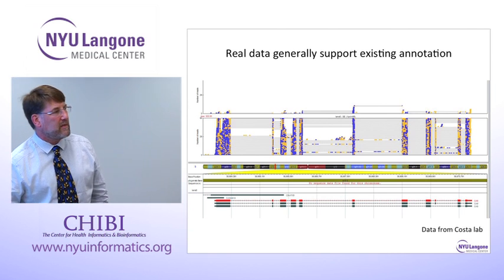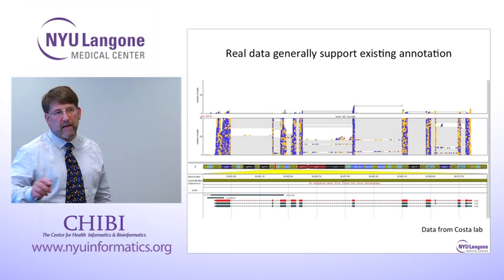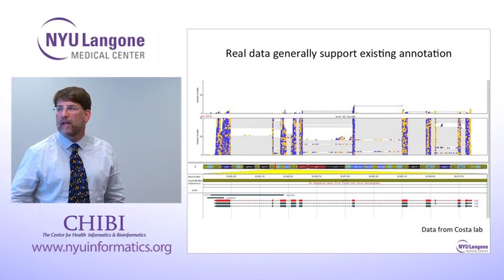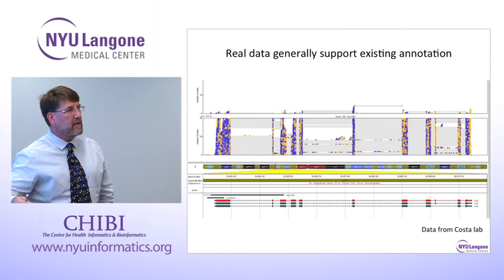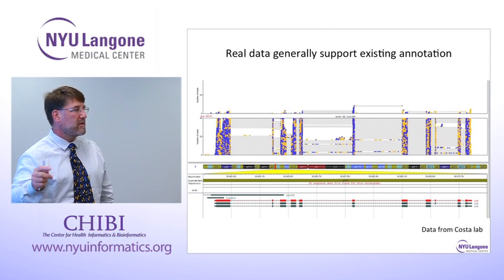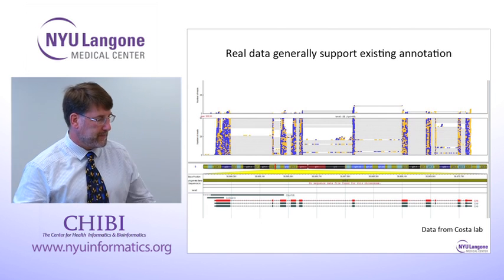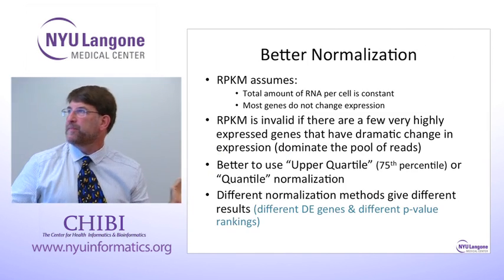And that works reasonably well as a normalization. There's problems with it that I'll get to in a sec, but in a number of comparative studies, RPKM works okay. So if you RPKM normalize a bunch of samples and then look at differential expression as simple fold change, you can get results. They may not be the most statistically accurate, but they are results.